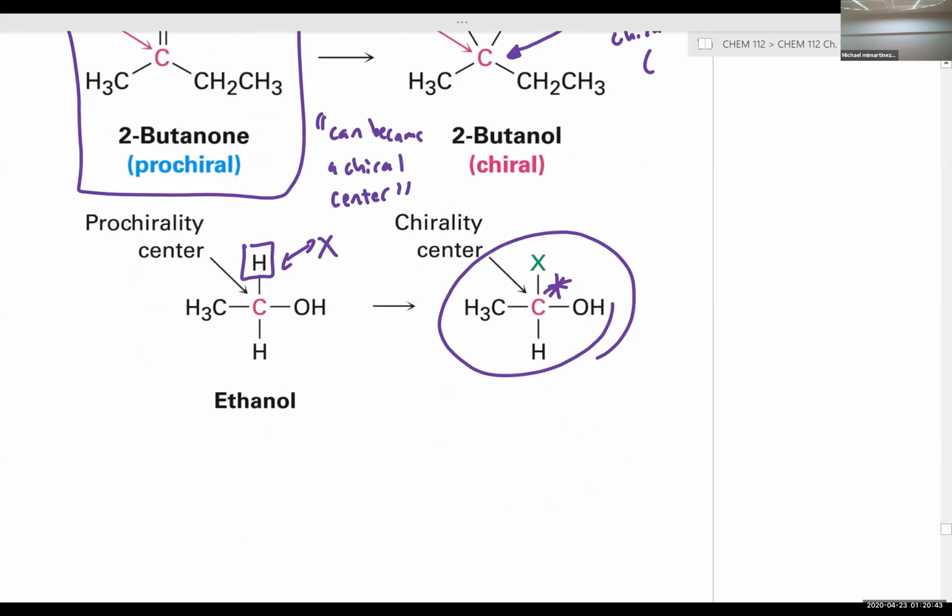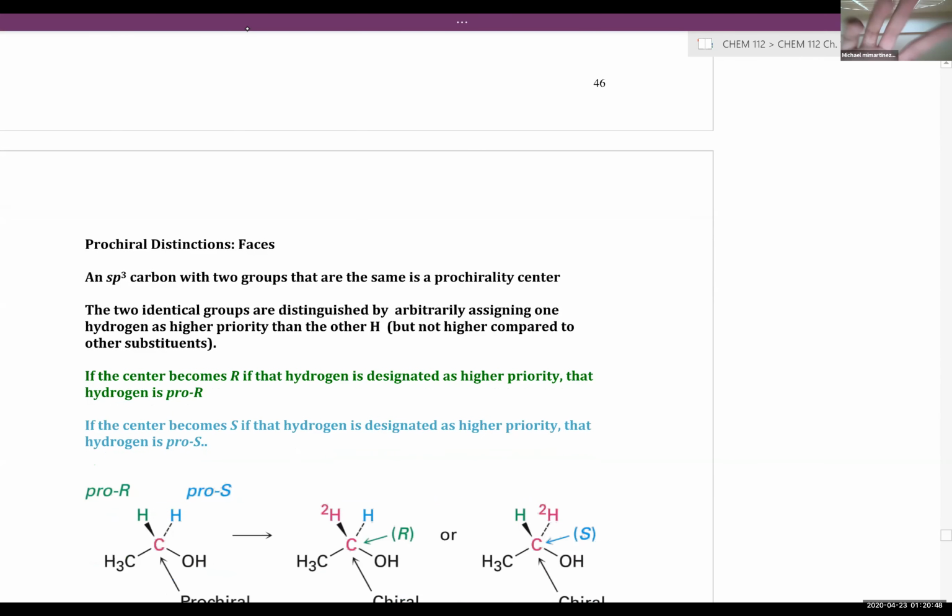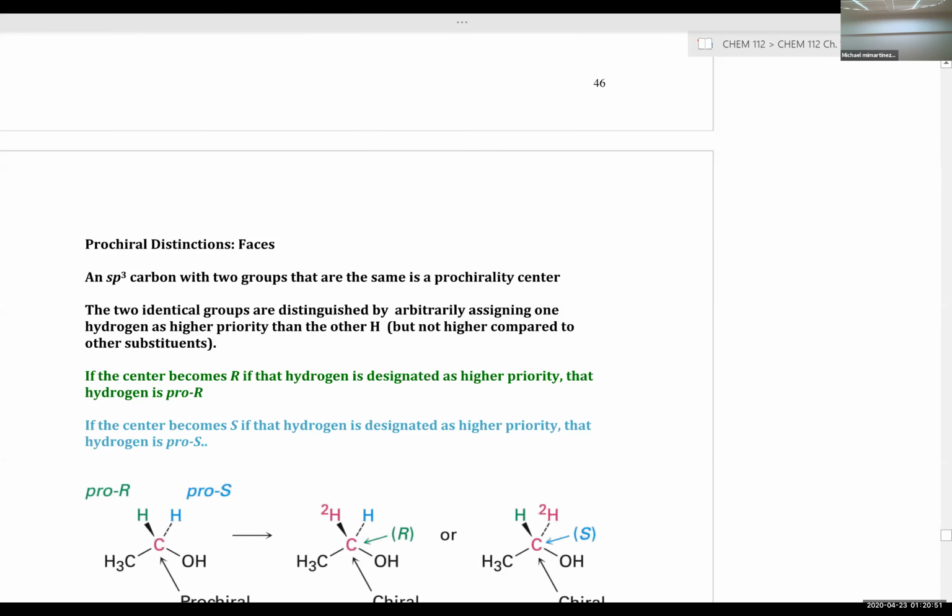Okay. Now, we can take this idea of prochiral distinctions a bit farther. So in terms of faces, an sp3 carbon with two groups that are the same is a prochirality center. The two identical groups are distinguished by arbitrarily assigning one hydrogen as higher priority than the other.